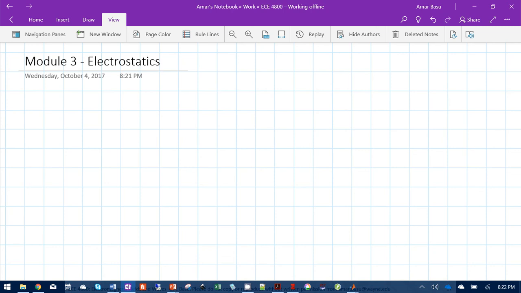This is also in vacuum. Okay, that's the top part, and then the bottom part is going to be the magnitude.